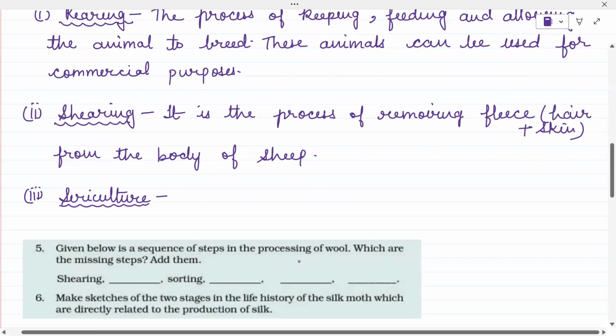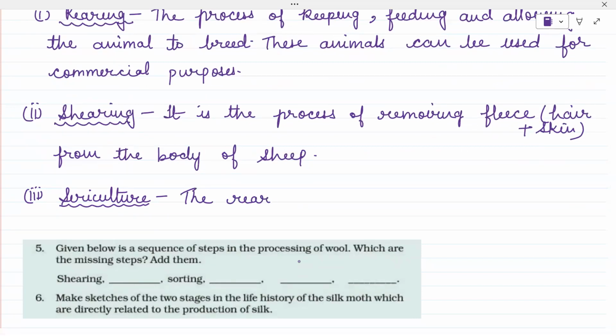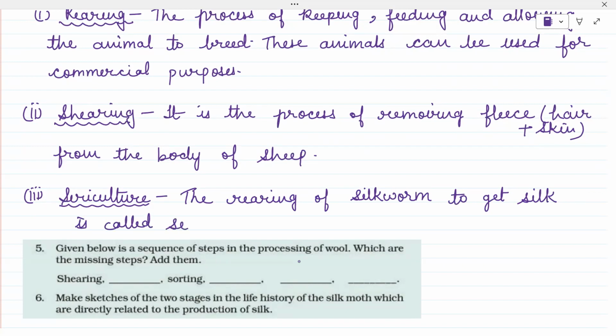So we will write: the rearing of silkworm to get silk is called sericulture.